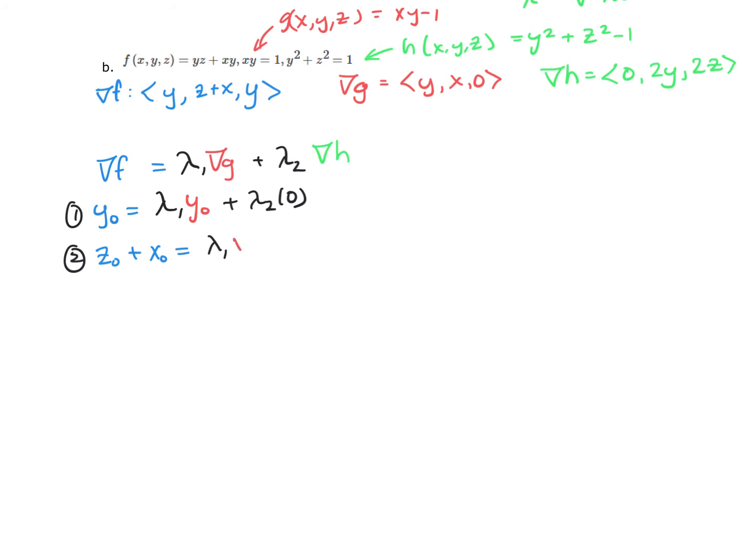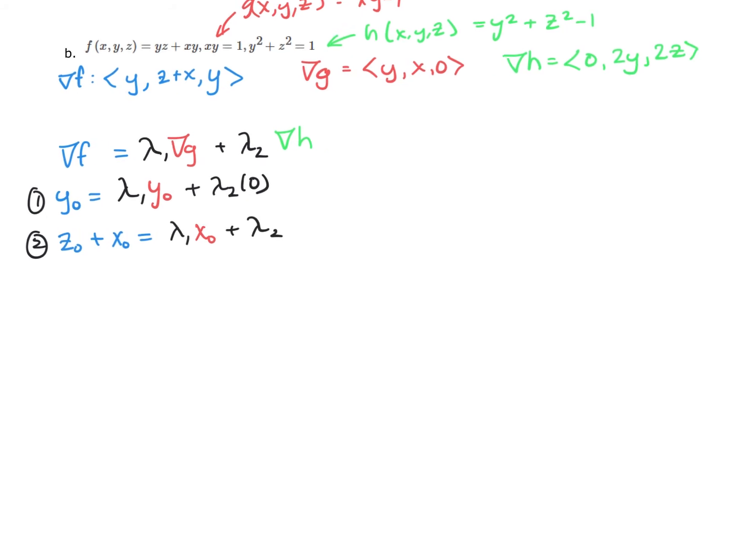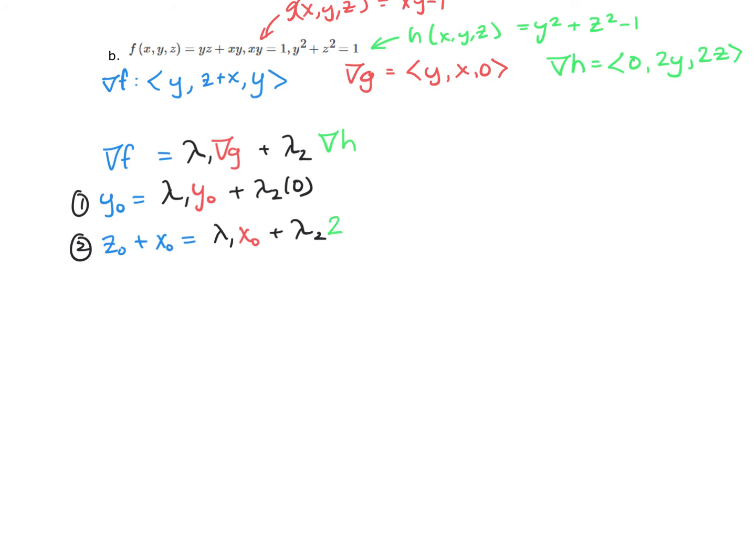So this is going to be x naught, and then plus lambda sub 2 multiplied by the 2y naught. My third equation is going to be y naught is equal to lambda sub 1 times 0, that's nice, plus lambda sub 2, and then I have 2z naught.